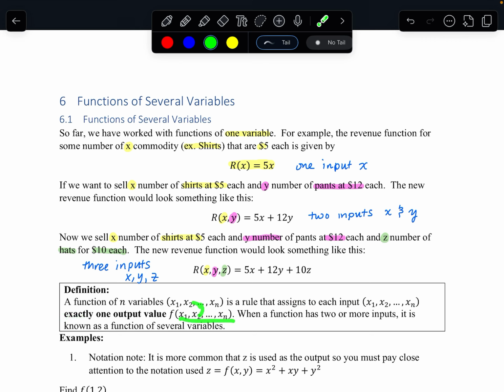So we take each one of these inputs, plug it into f, and get some output. Here are all our inputs, here is our rule, call it f, and we will assign it to one output value.